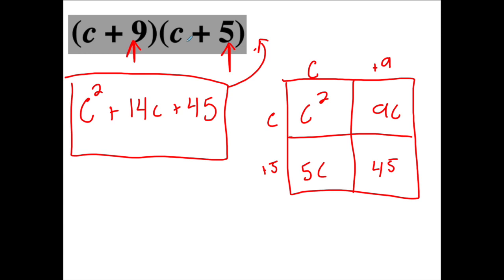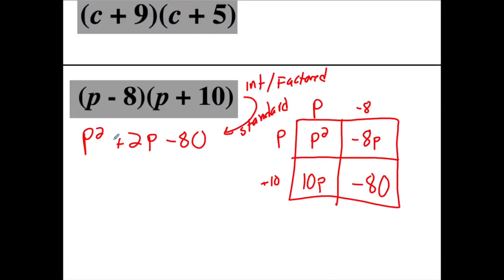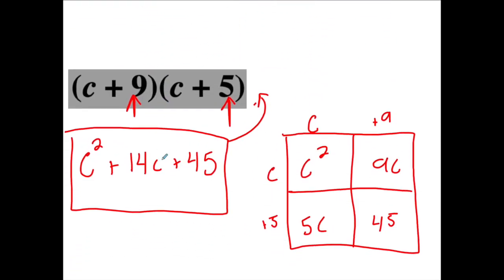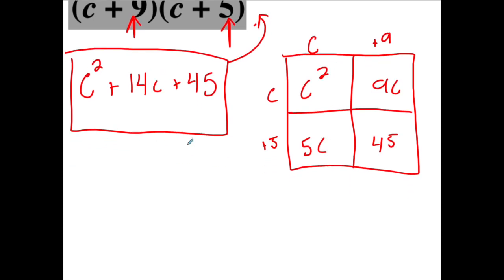No matter what kind of situation you're faced with, it's going to work. Believe me on that. So hopefully you're able to get everything right here. Again, the answers to recap are p squared plus 2p minus 80 for the first one, c squared plus 5c minus 24 for the second, and c squared plus 14c plus 45 for the last.